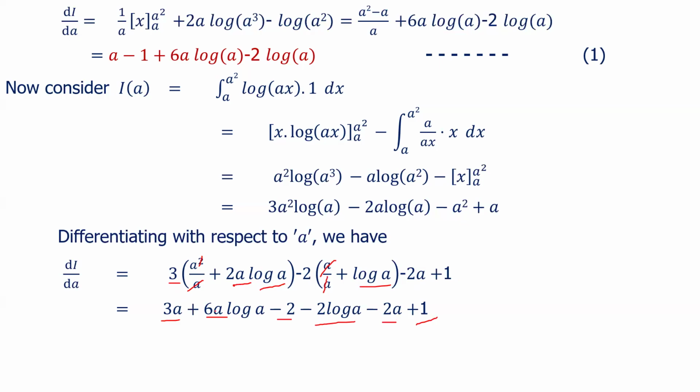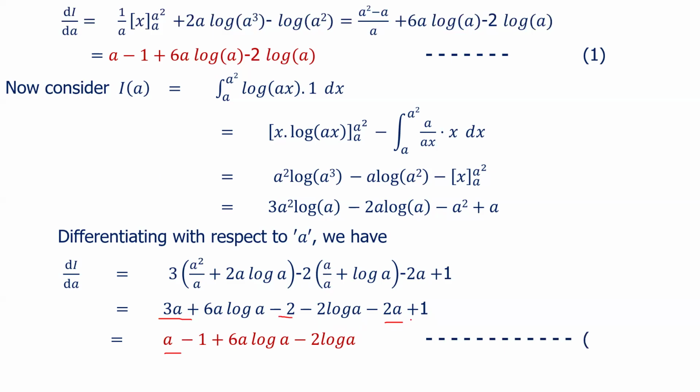Now it can be written as 3a minus 2a. 3a minus 2a is what? It is a, then minus 2 plus 1 is minus 1, plus 6a log a minus 2 log a. This is equation number 2.